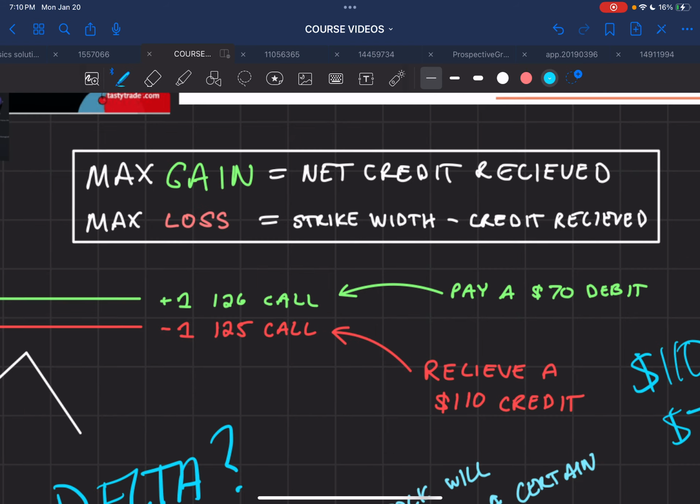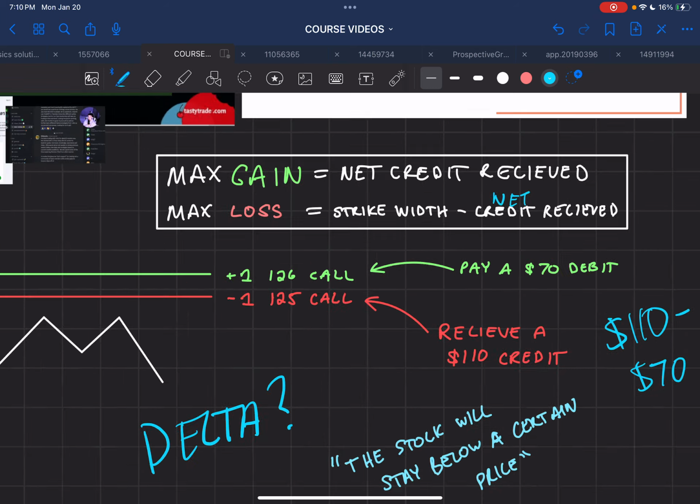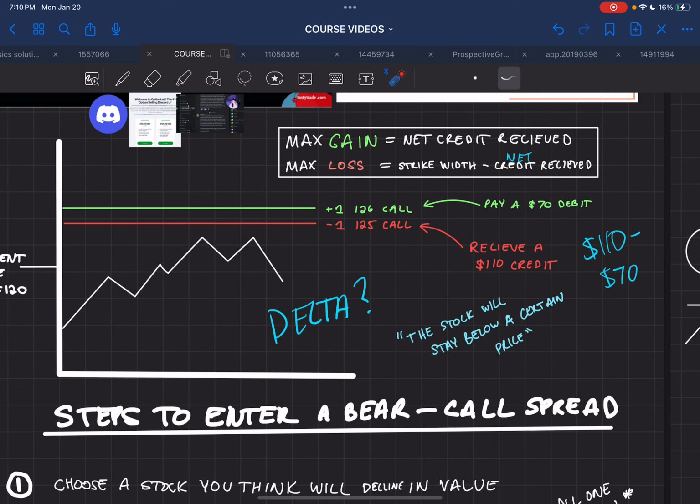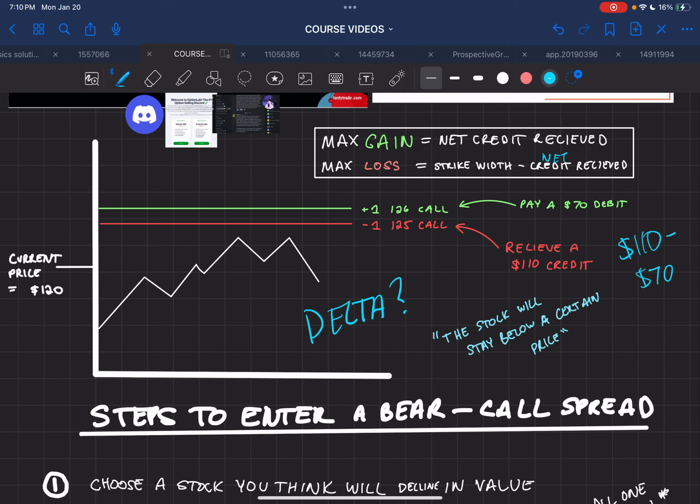And actually, to make this more accurate, it's the net credit received, right? Because we have to subtract out the debit. So in this case, our net credit is going to be $40. So our max gain then is going to be $40. And our max loss, because we're taking the strike width minus the net credit, is $100, which is the width of those strikes, minus the $40 to get $60.